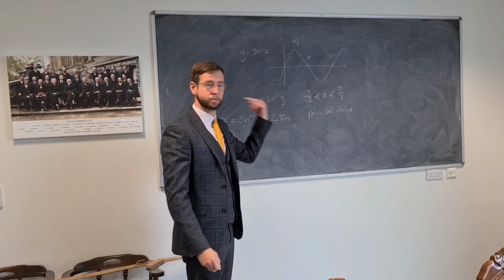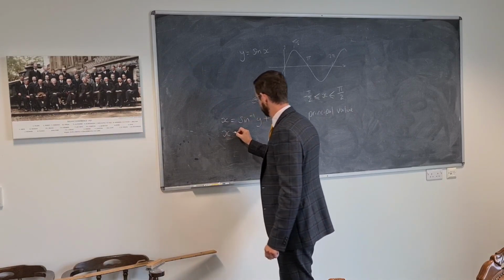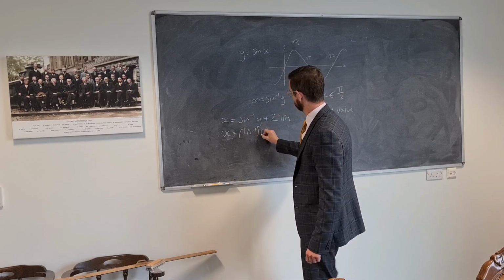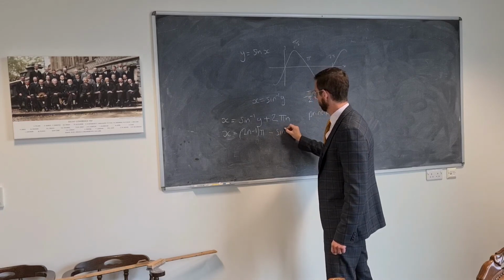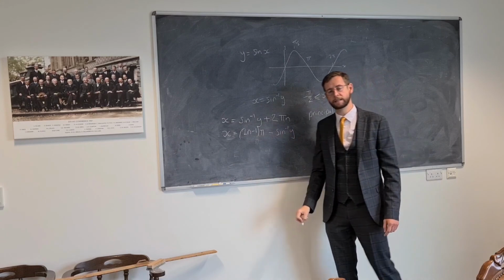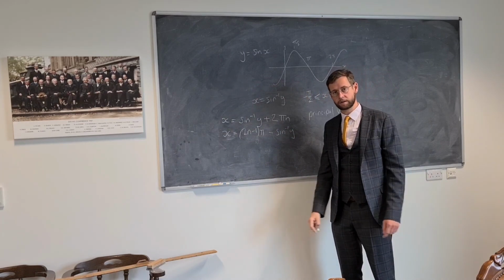And of course it would happen this way as well. The formula is more complex, but not really. 2n minus 1 times pi minus inverse sine of y. This would give you all of those occurrences where this was true in the negative part of this graph.